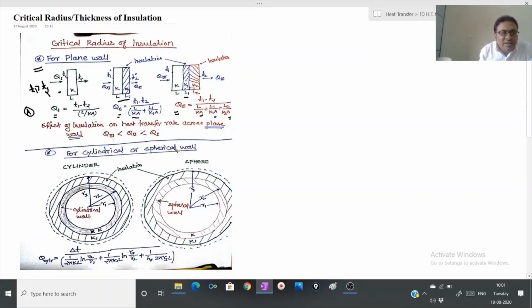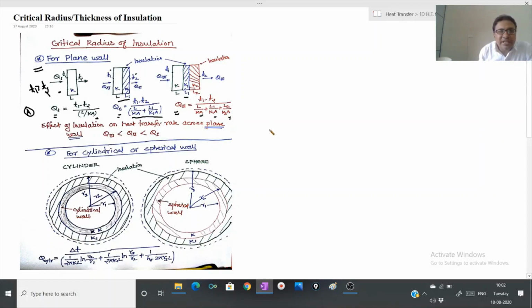Here the denominator is more as compared to case 1, because L1 length is coming into picture, which is increasing the denominator, and K1 is coming into picture, that is thermal conductivity of insulating material. So as a result of this, L1 over K1A will add up, and as a result of this, heat transfer rate in second case will decrease as compared to heat transfer rate in first case.